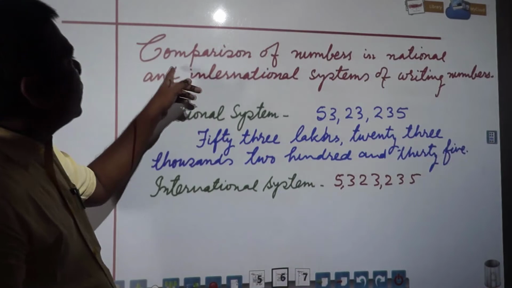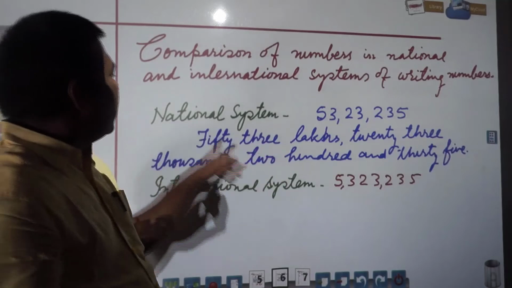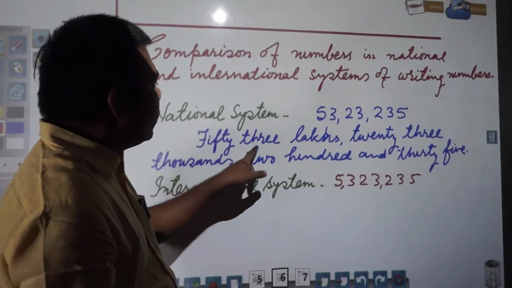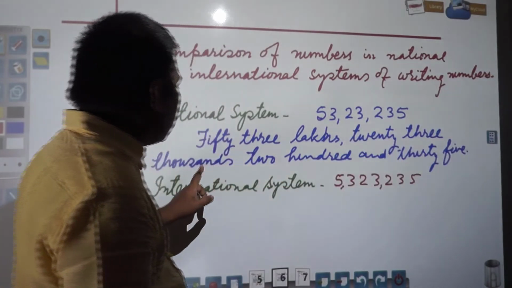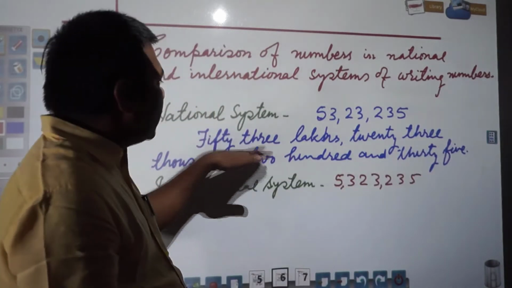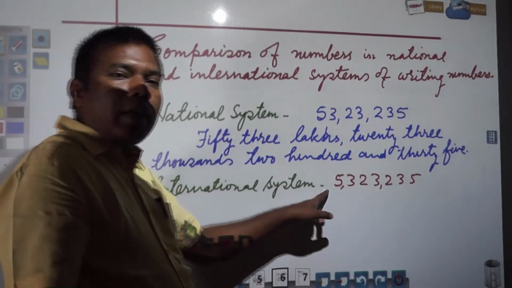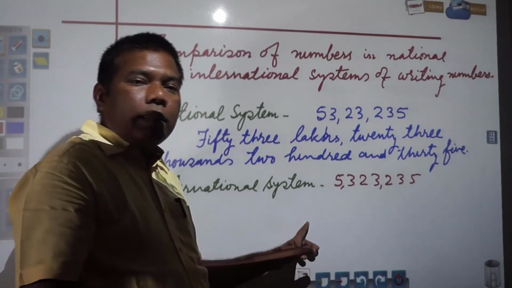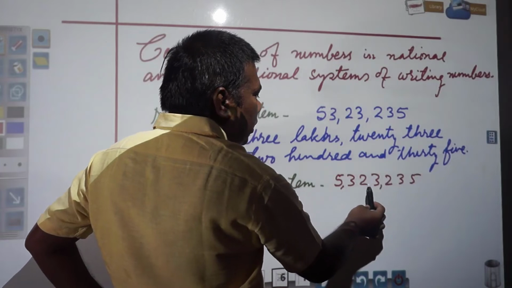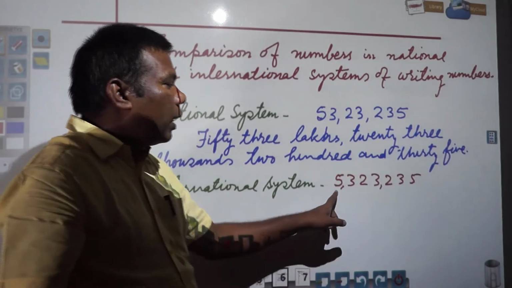One more example, comparison of the national and international systems of writing numbers. In the national system, this number has been written as 53,23,235. We will read it like this. But if you are reading the same number in the international system, how will you read it? Here you see ones, tens, hundreds, thousands, 10,000, 100,000. We start with million.